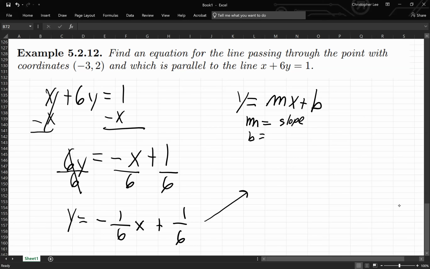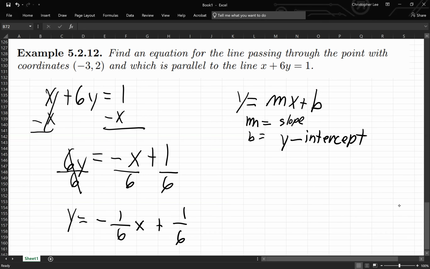It involves the y-axis though. It starts with an I. Intercept. Right? Your y intercept.